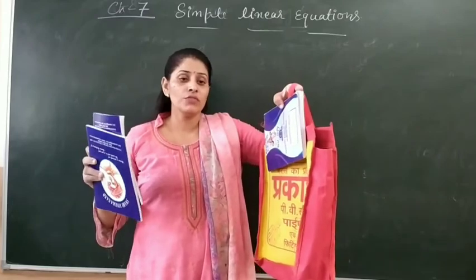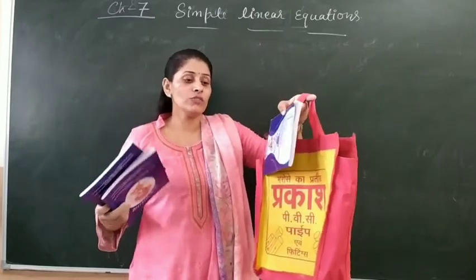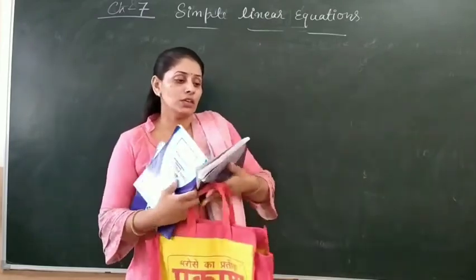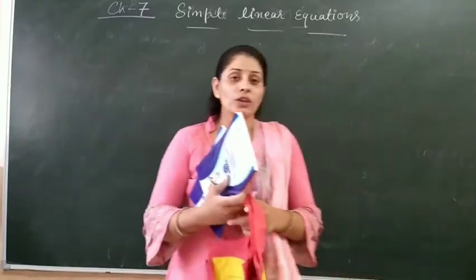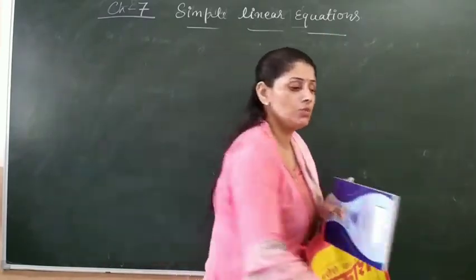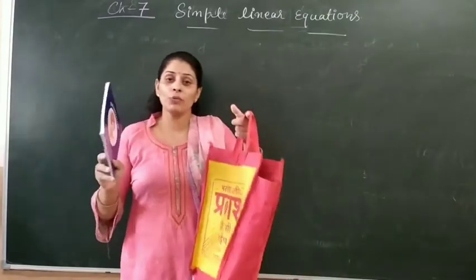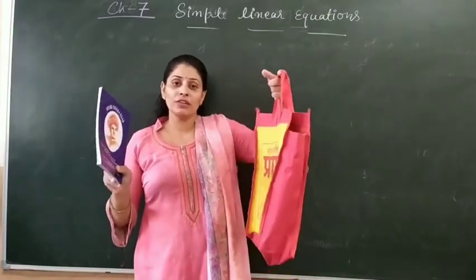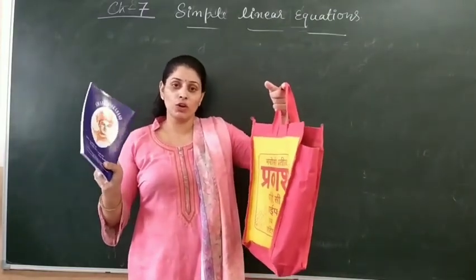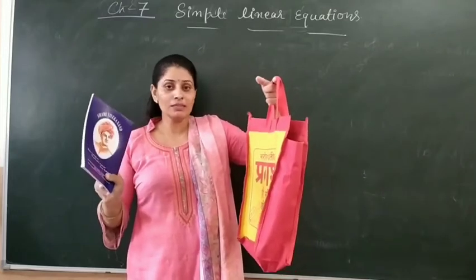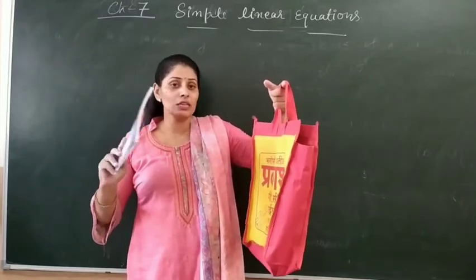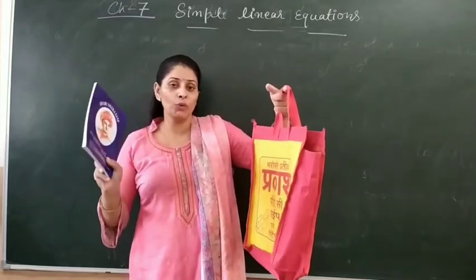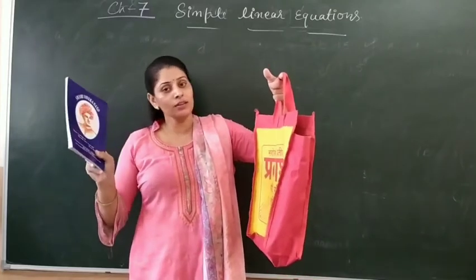If I take out one notebook from here and one notebook from here, how many notebooks are there? One carry bag and one notebook. They are still balanced because I have taken out one notebook from both sides, left hand side and right hand side.